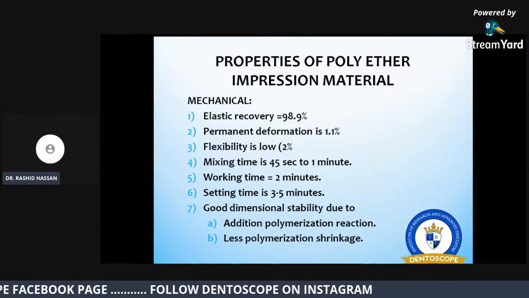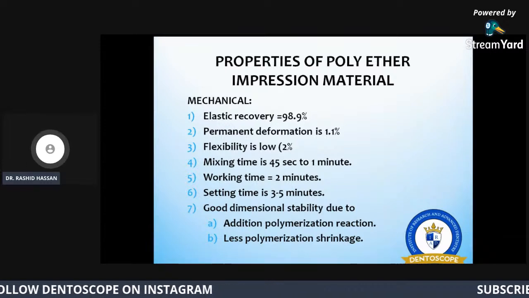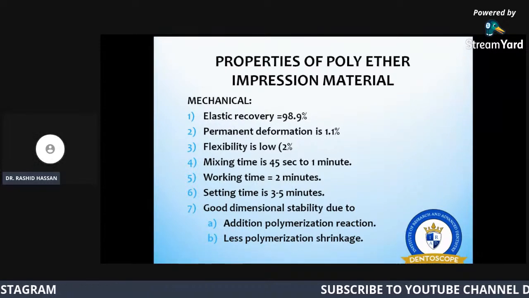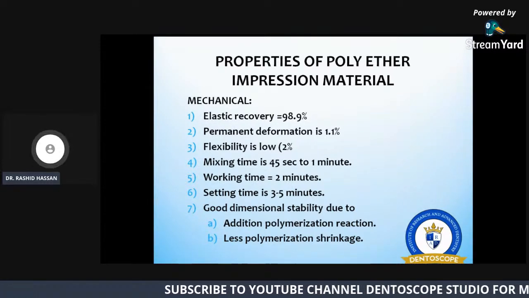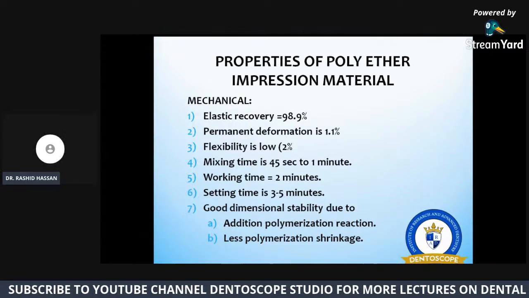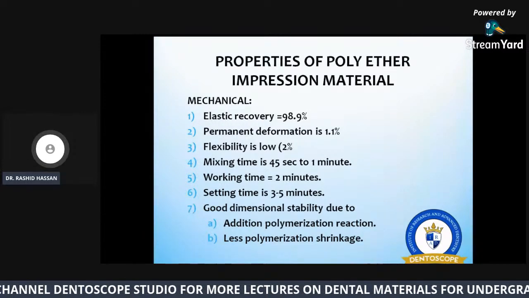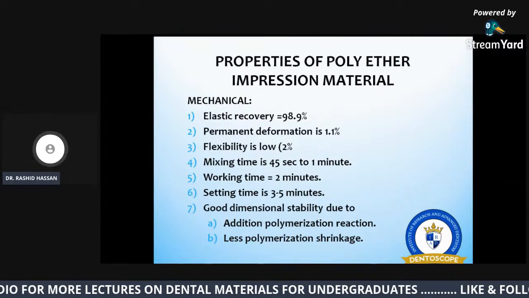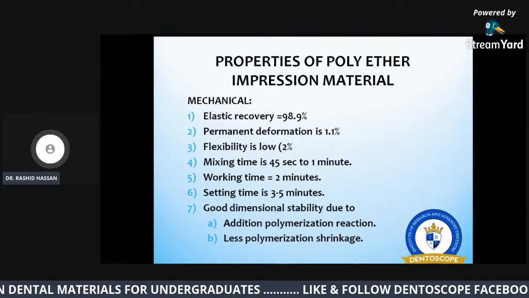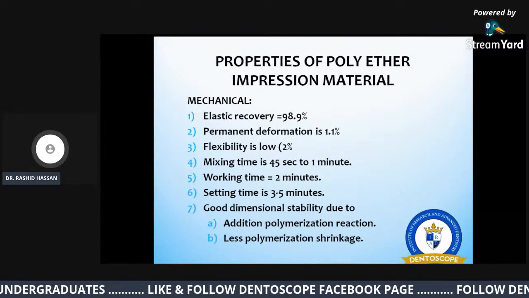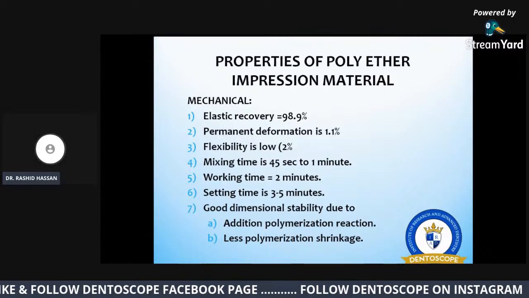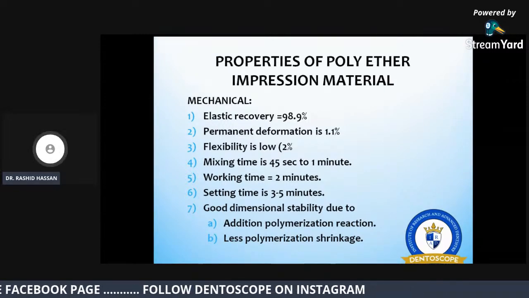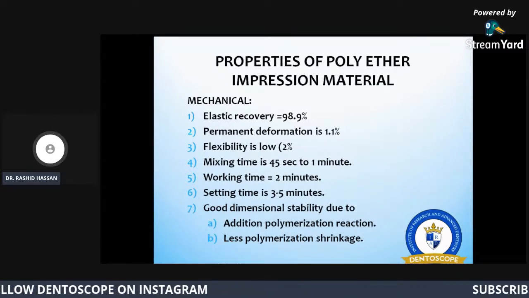Mechanically, the elastic recovery is 98.9%. So it has reduced. Elastic recovery is best in the addition silicons. The elastic recovery here in polyether has reduced to 98.9%, whereas in addition silicon it reached up to 99.93%.